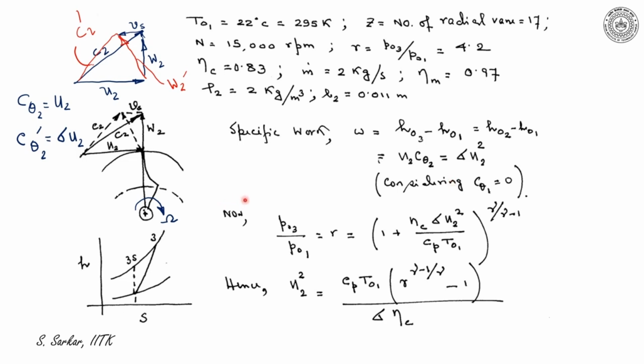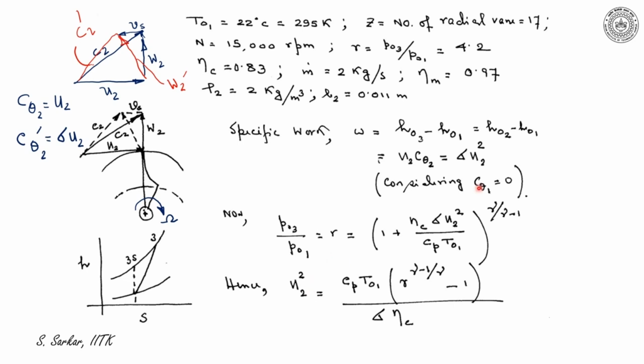Thus I have indicated earlier the pressure ratio P03 by P01, denoted by small r, is equal to, within bracket, 1 plus eta C sigma U2 square divided by Cp into T01, to the power gamma by gamma minus 1.